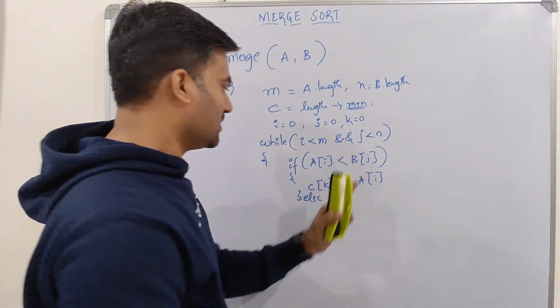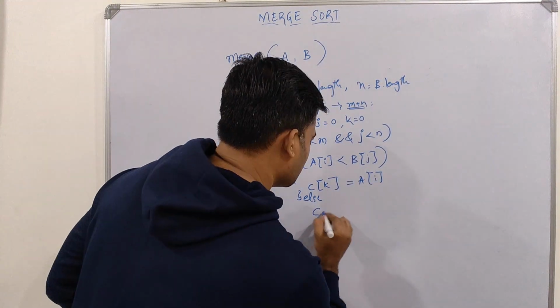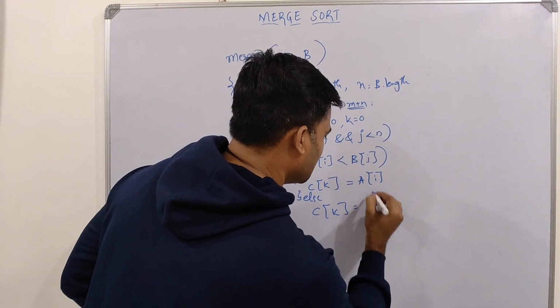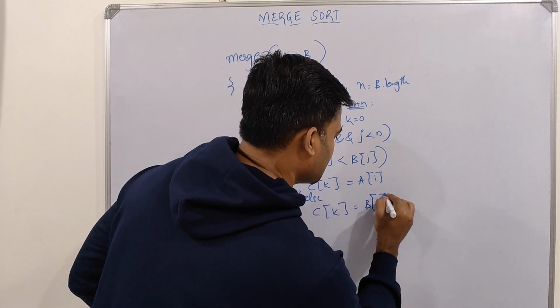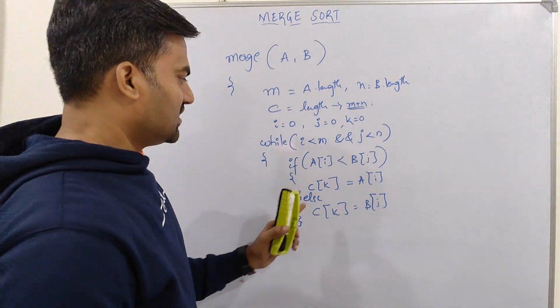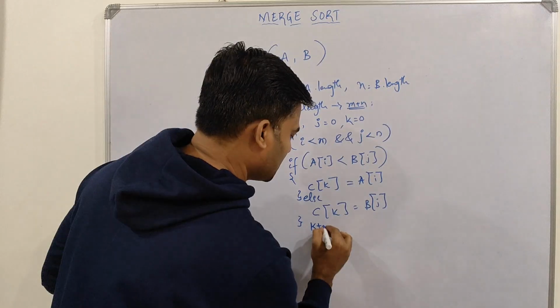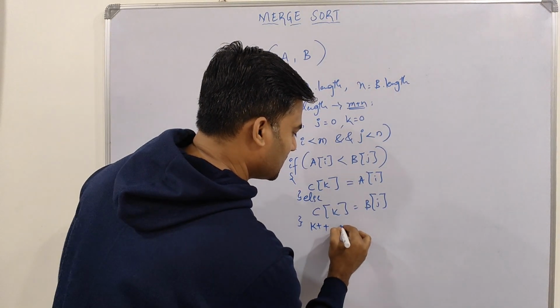Else I should take c of k as b of j. So c of k is equal to b of j. So once this is done, I need to increment my k.